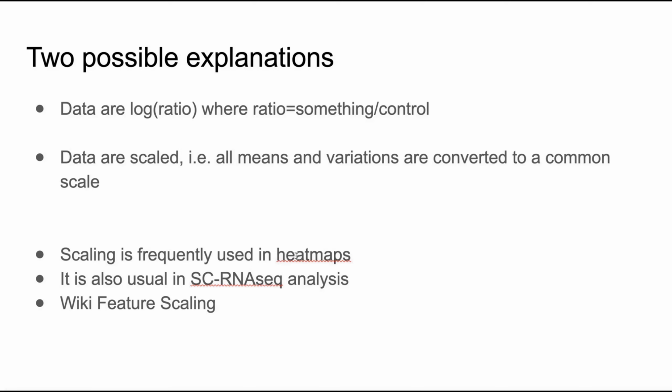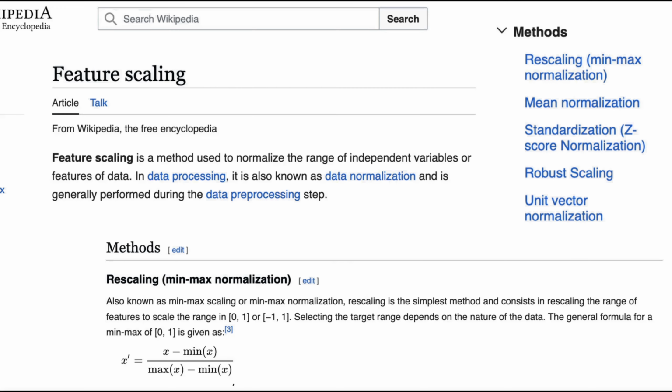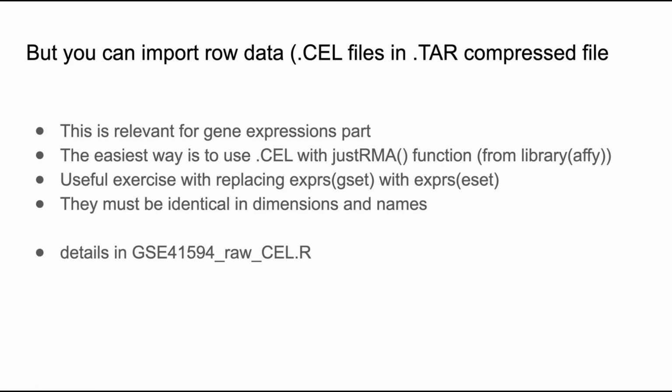It is often used in heat maps, actually nearly always. It's pretty usual in RNA-seq data analysis, but not here. You can read more in Wikipedia under feature scaling and find out that there are at least 5 different kinds. I will not stay on it.